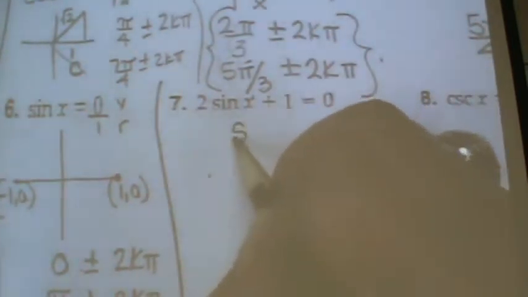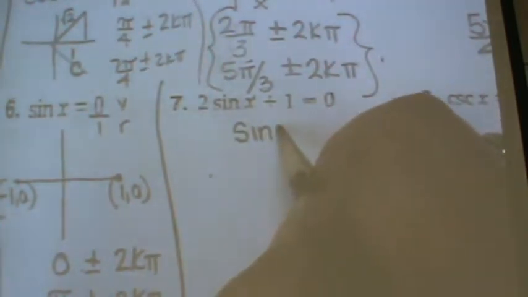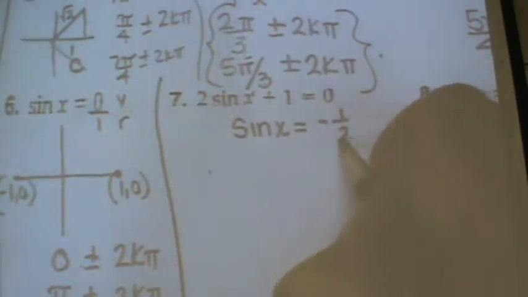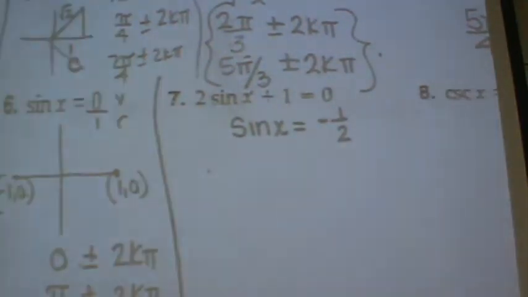Number 7, what do you think you're going to do with this 2 and this 1? Anyone think they know how to get rid of 1? Subtract 1, how about the 2? Okay, what do I do next?